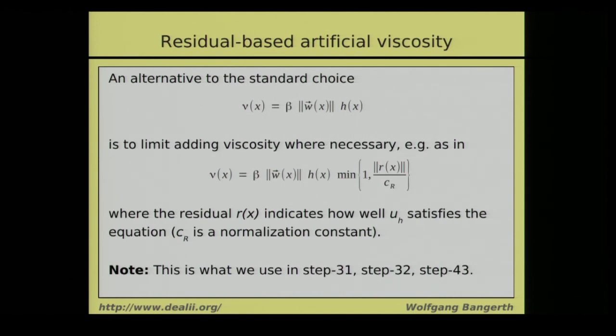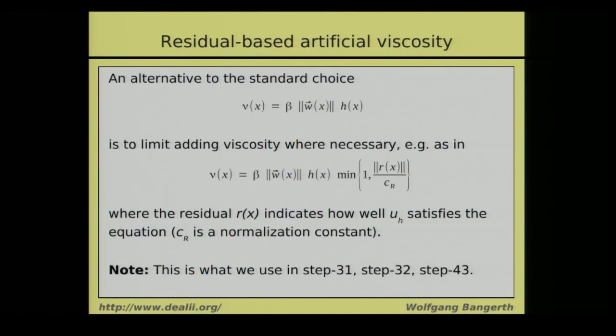On the other hand, in places where the solution is smooth, the residual is going to be small. And so if the residual is small, then the minimum of 1 and small is small, and I get an artificial viscosity nu that is in fact typically much smaller than this thing here. So what that means is that in places where the solution is smooth, I only very slightly perturb my original equation.